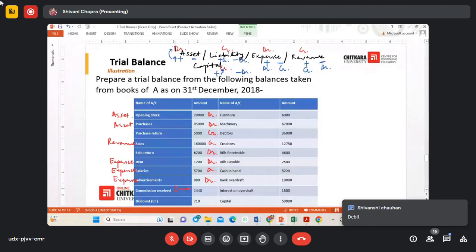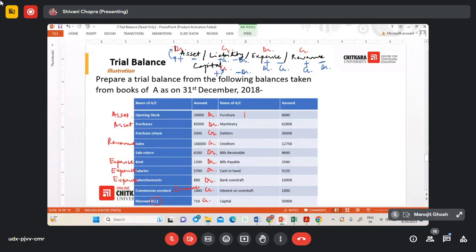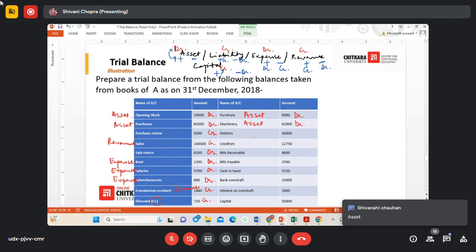Received is income. You will credit this. Discount, already given. Discount is an expense, but they have given it here as a credit. So that means we would have received. So we'll write a credit account here. Furniture, what is furniture? Asset. Balance will be debit. What is machinery? Asset. Balance will be debit.